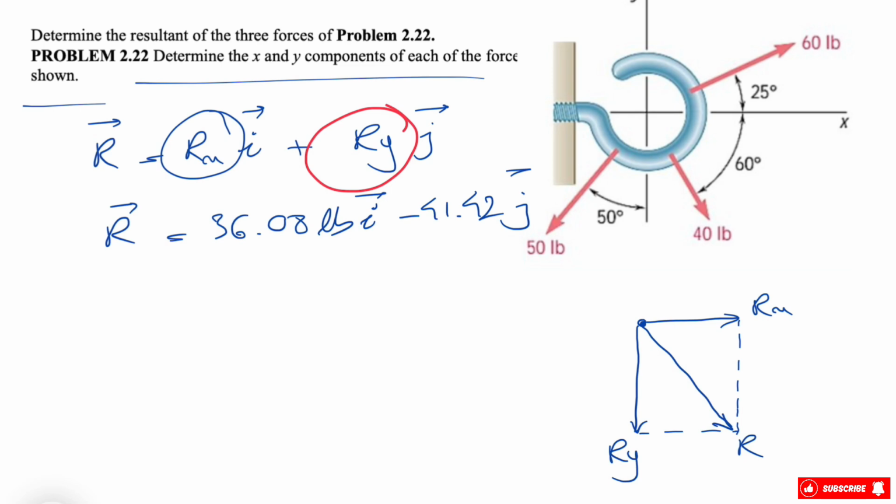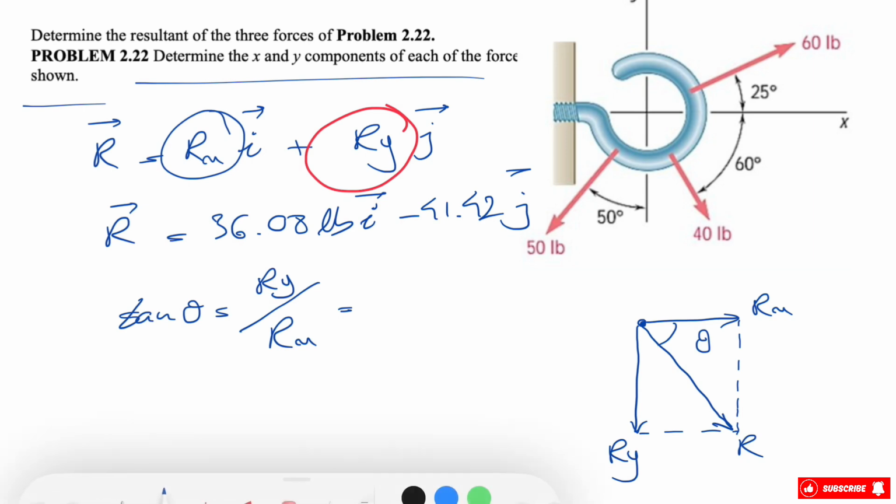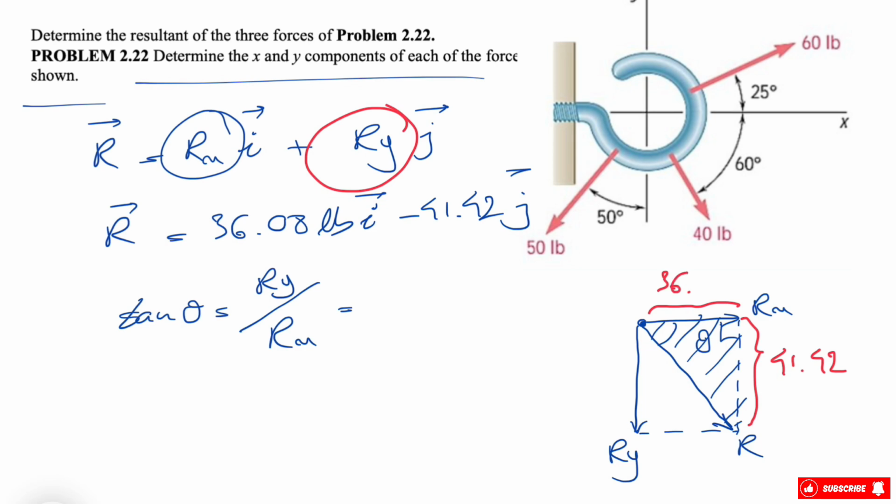And we can call this angle theta, and if we want to find theta, we know that tangent of theta will be Ry over Rx. One thing in here, we are looking at this right triangle that we have in here, and we don't need to be worried about the signs. We know the magnitude of this side is 41.42, and the magnitude of this side is 36.08, and we are looking for this angle.